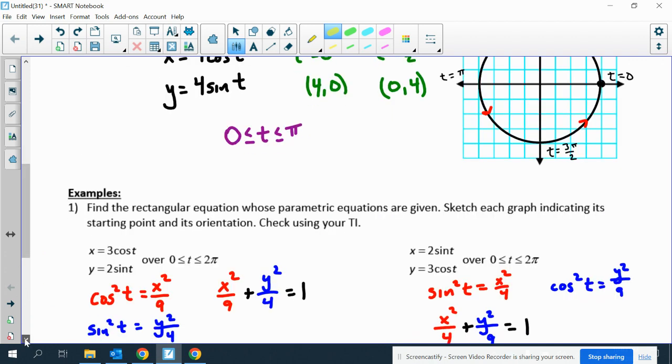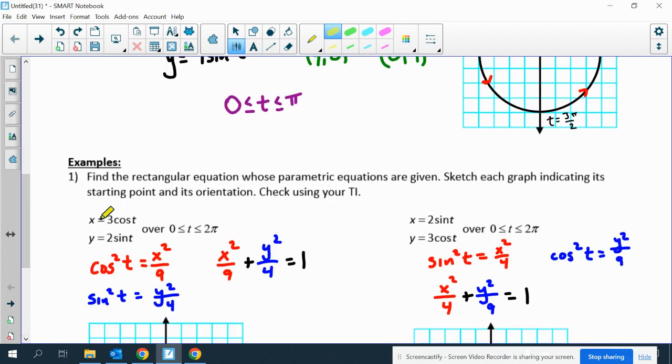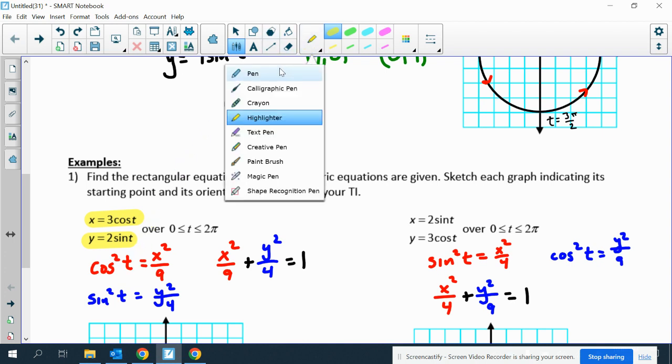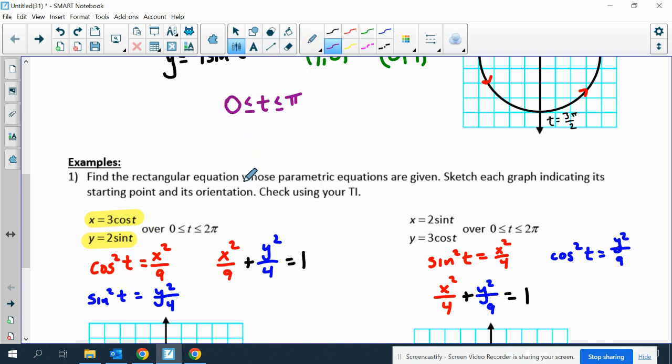Here are some more examples. If I see x equals 3 cosine t and y equals 2 sine t, I can do the same thing, getting cosine squared and sine squared by themselves, and then substituting them into the Pythagorean identity cosine squared plus sine squared equals 1, and I end up with x squared over 9 plus y squared over 4 equals 1.